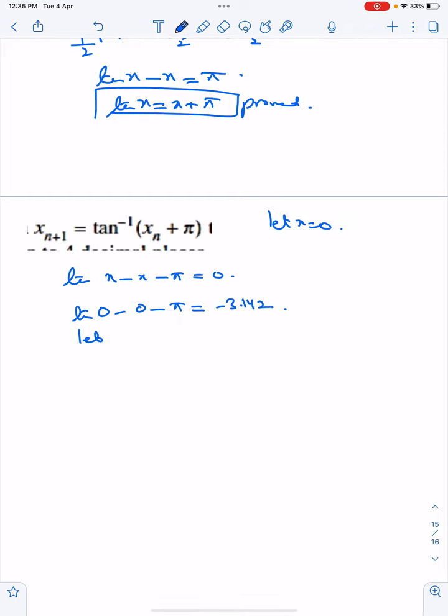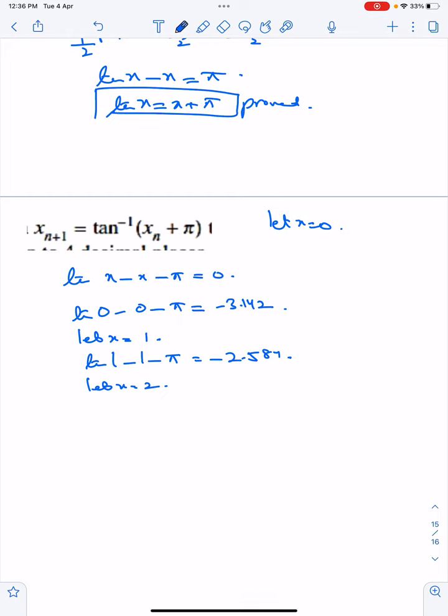If I let x equal 1, it will be tan of 1 minus pi. Let's see what this answer is. It's minus 2.584. Let x equal 2.